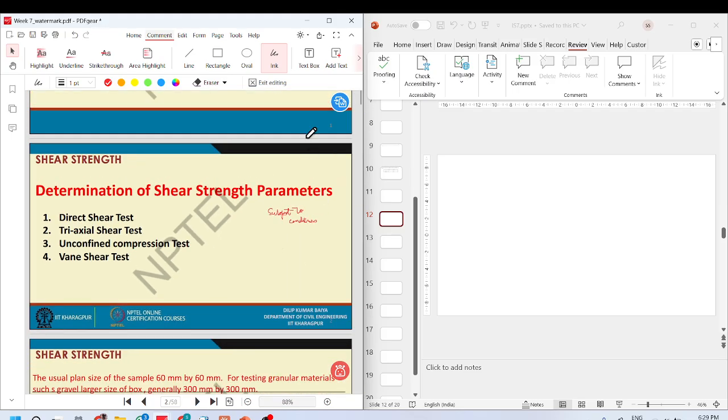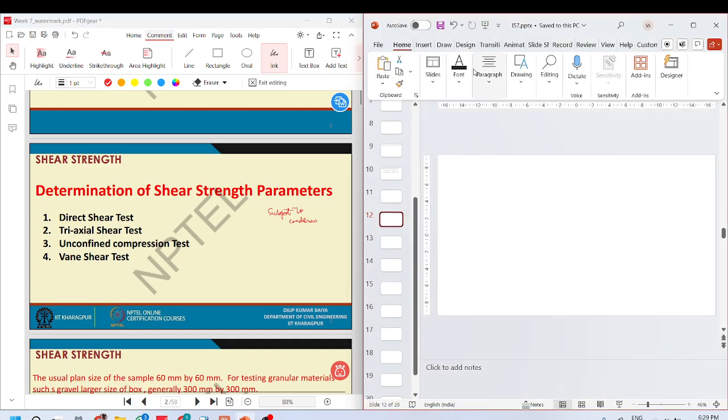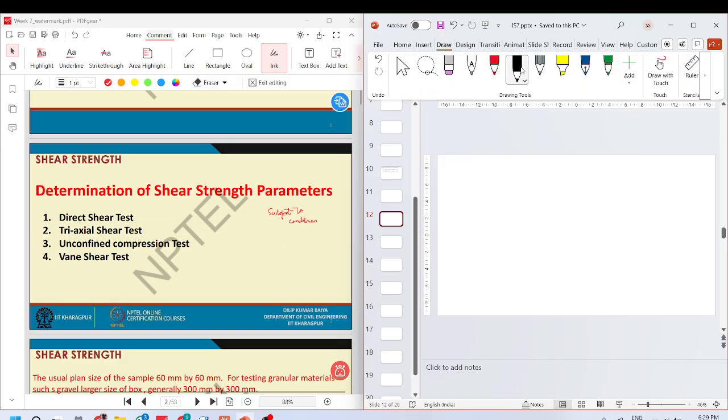So there are some tests that we are doing. There is the direct shear test, and then there is the triaxial test. There is the unconfined compression test and the vane shear test.